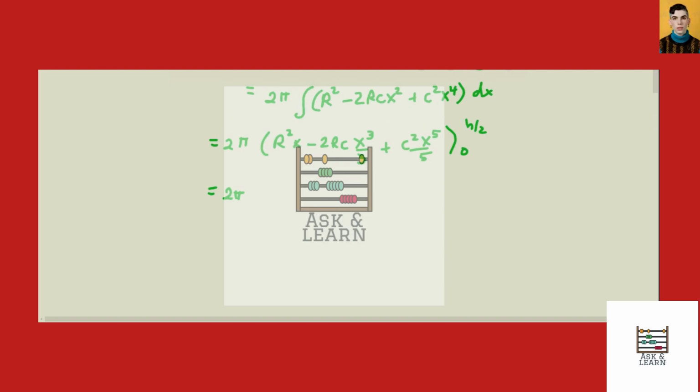So 2 pi, r squared h over 2 minus 2rc over 3 h cubed over 8 plus c squared over 5 h to the fifth over 32, minus 0.